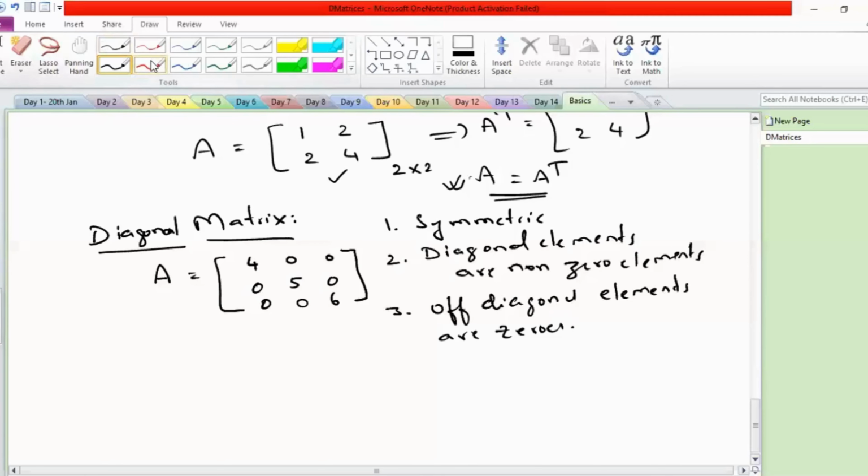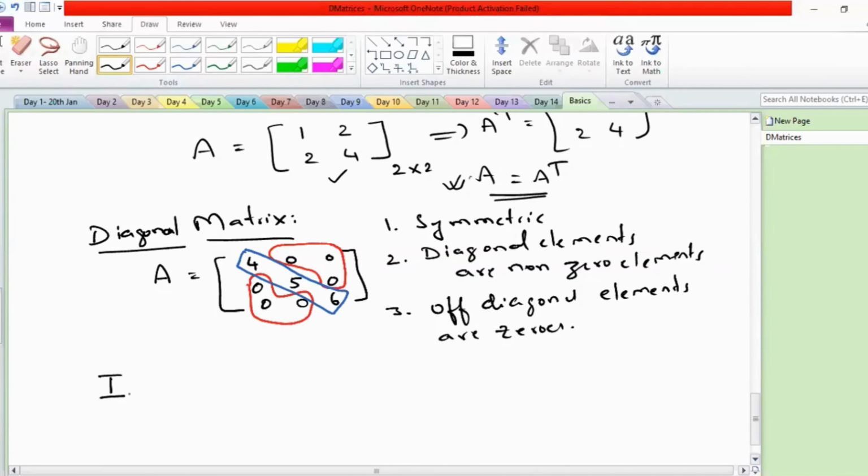See here, they are all zeros, right? These are all called off diagonal. This is diagonal. 4, 5, 6 are in the diagonal arrangement, right? So these you call the diagonal elements. Okay.